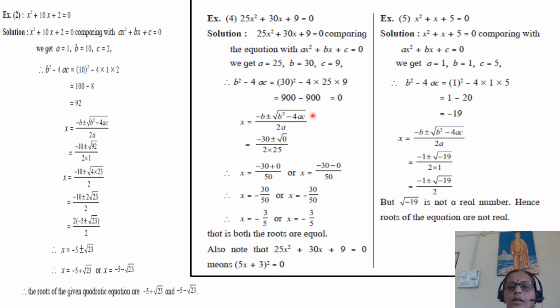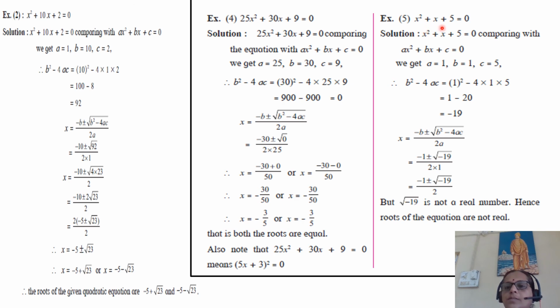By the formula x = (−b ± √(b² − 4ac))/2a, substitute the values: −30 ± 0 divided by 2 × 25. So your answer is −30/50 and −30/50. So you have two roots which are equal. Write it and reduce it to the lowest form.